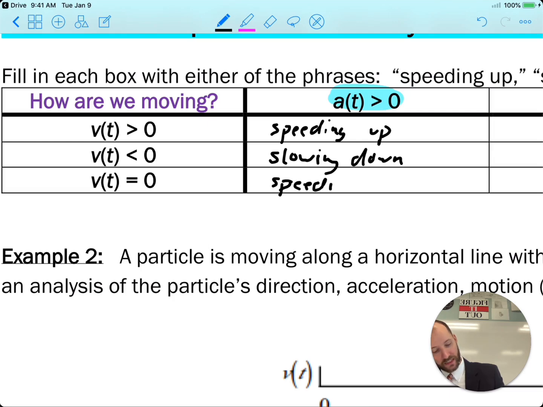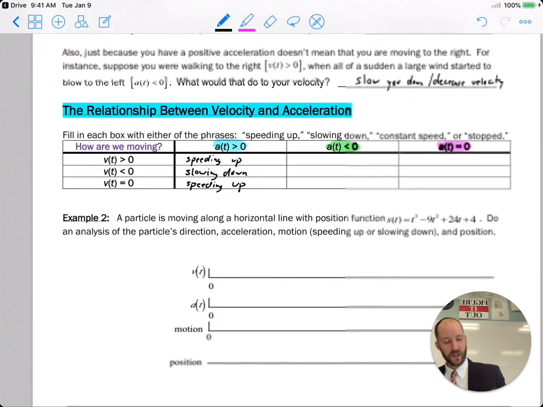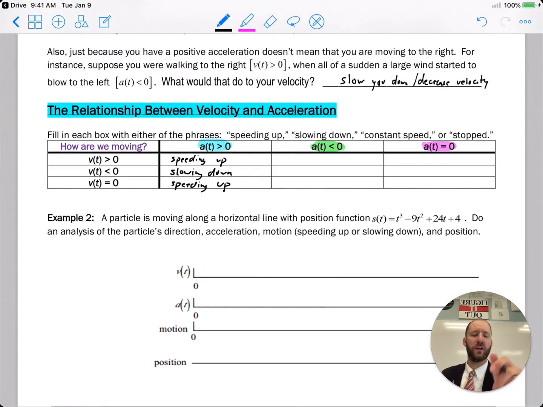Imagine you're standing still, but then a gale force wind comes and pushes on you. It's probably going to move you in some direction, okay? So that means you're overall speeding up. Whether you had no movement, the wind blows you, now you have movement. So take a moment to pause the video, fill out the rest of this box. Let's see how you do.